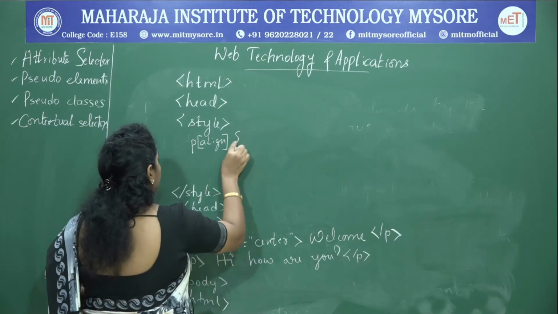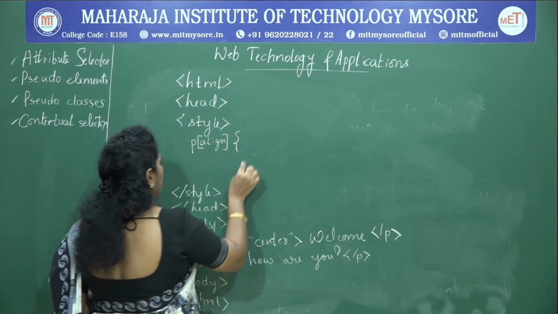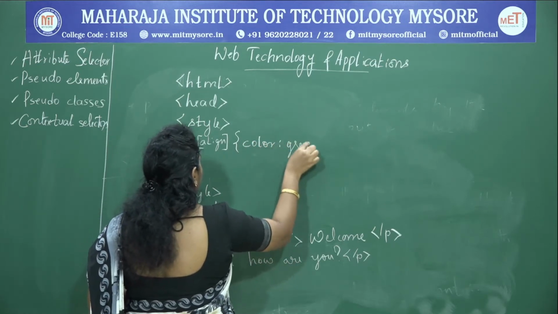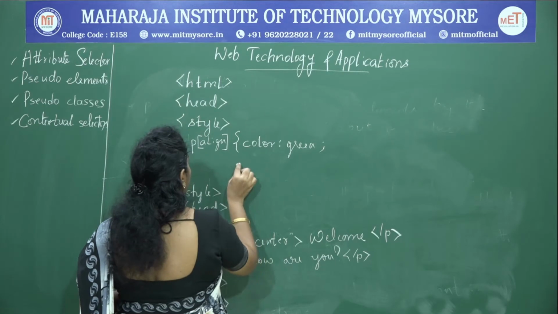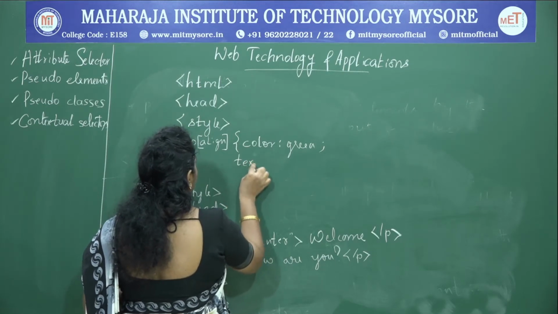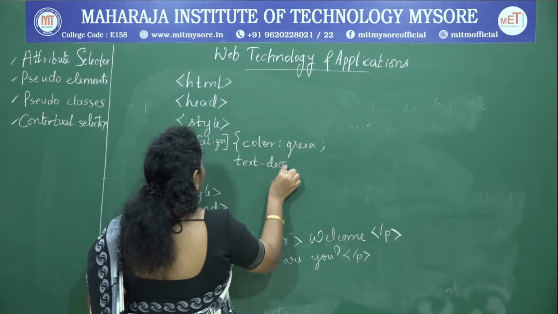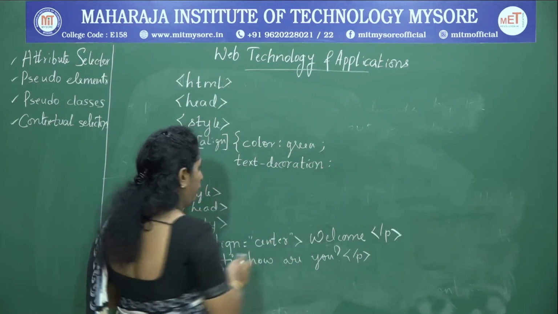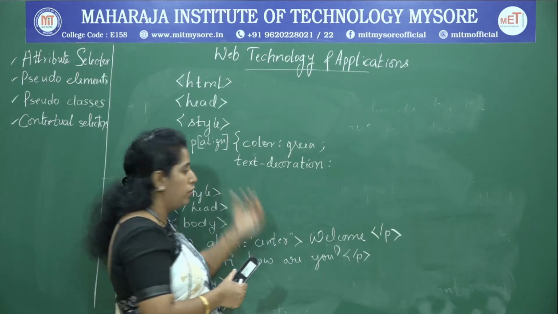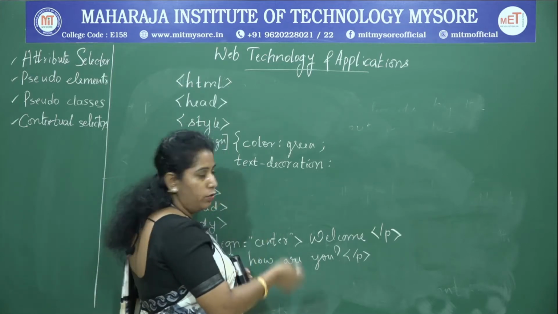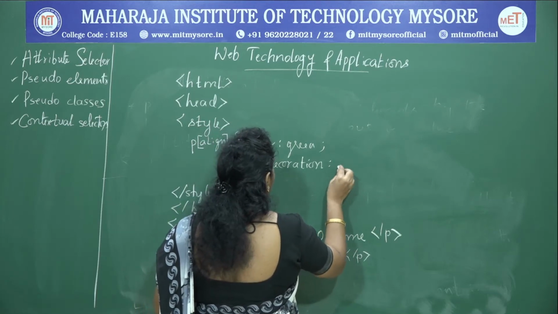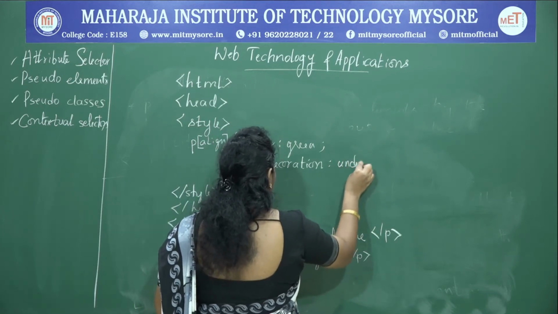And now you can set the properties. For example, color green, then text decoration. In each example I am going to use different sets of properties, so you can make use of this. Text decoration, I will give underline.